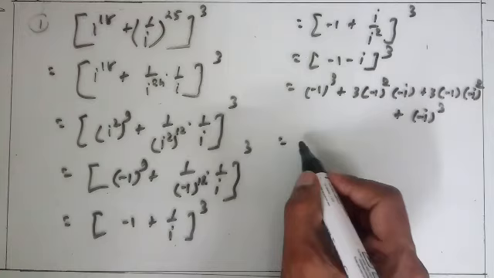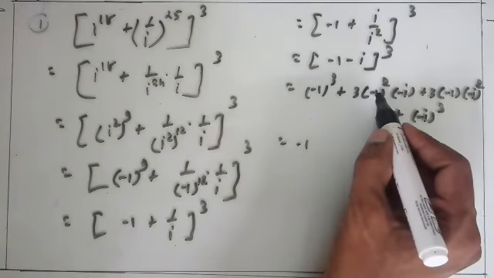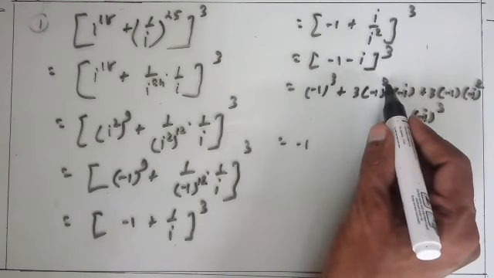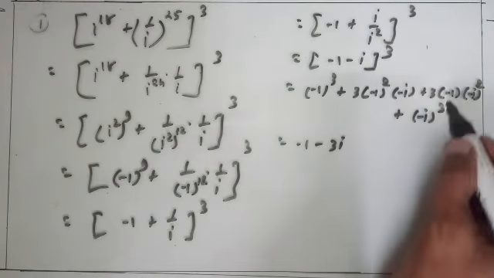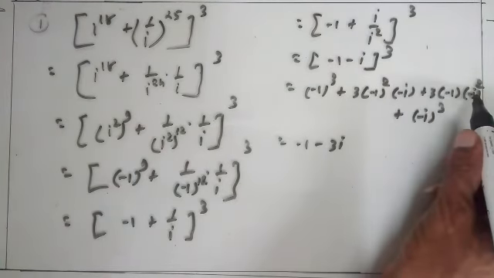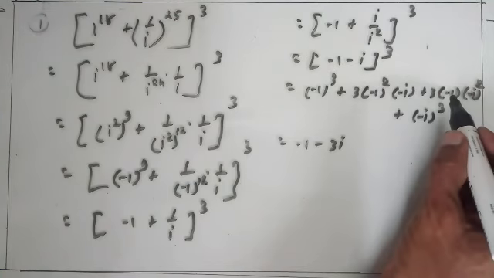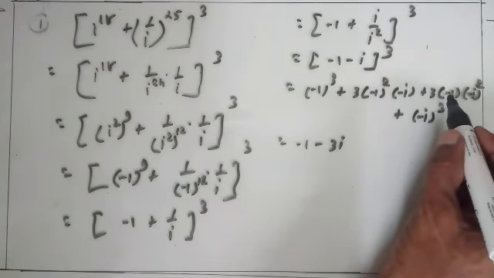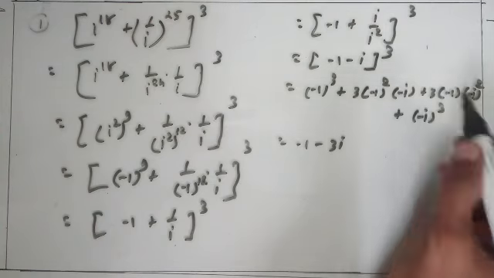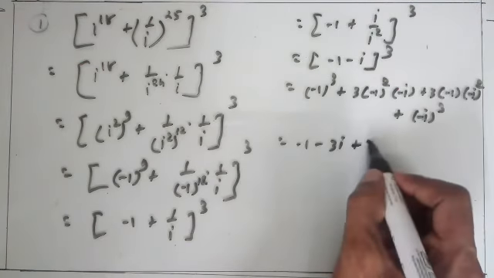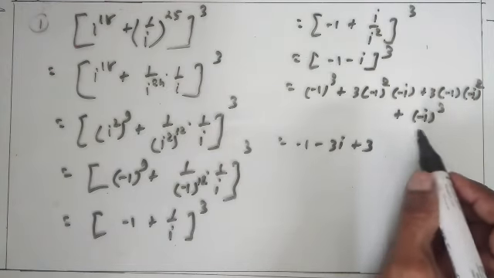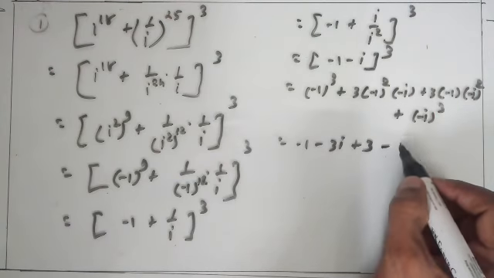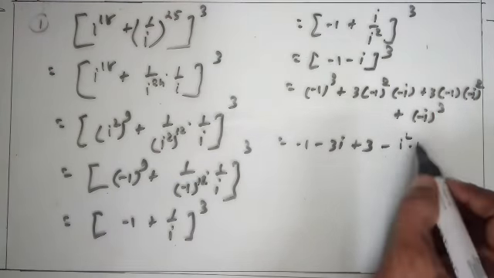So minus 1 raised to 3 is equal to minus 1. Minus 1 square is plus 1 into 3 into minus i, that is minus 3i. Here minus i square is equal to i square, and i square equal to minus 1. Minus 1 into minus 1 becomes plus 1, into this becomes plus 3. Minus i raised to 3 is equal to minus i raised to 2 into i.